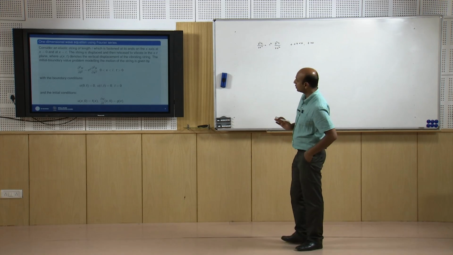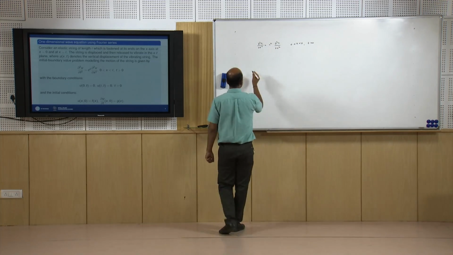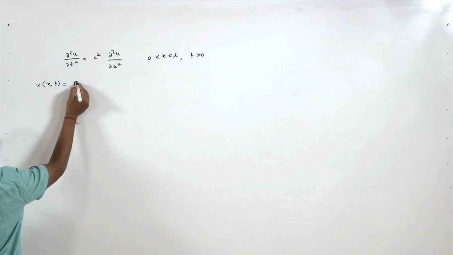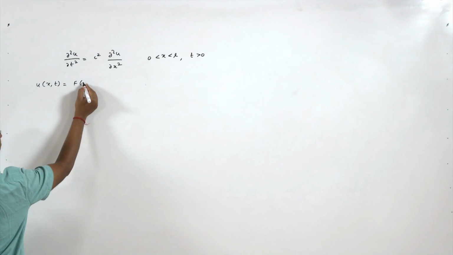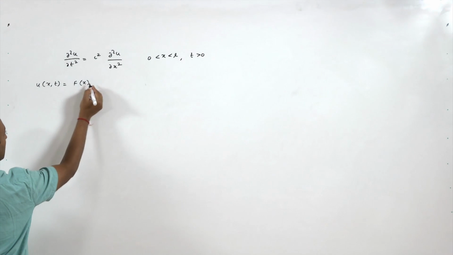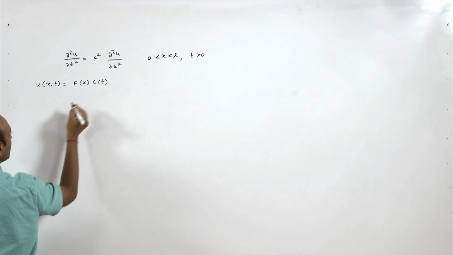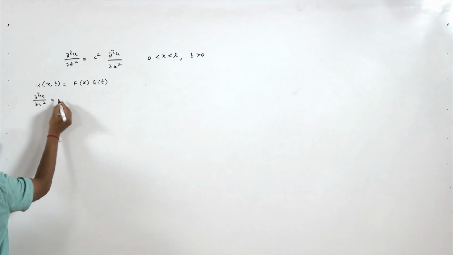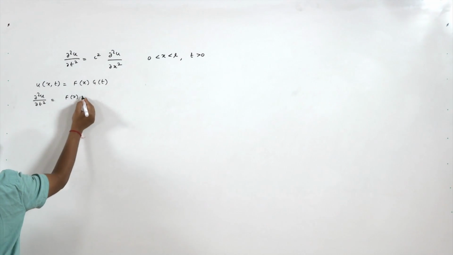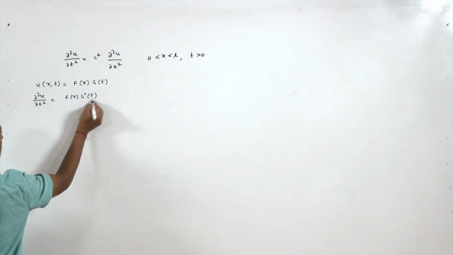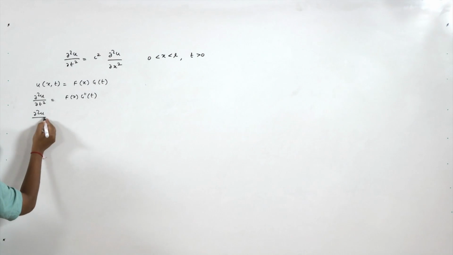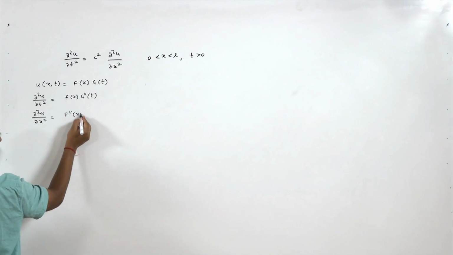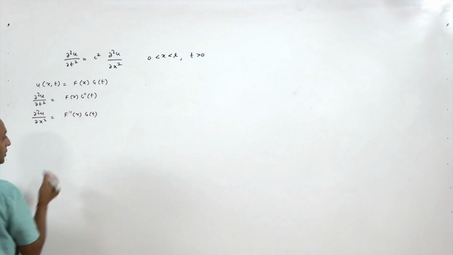How can we solve it using Fourier series? We assume that u x t is a product of two functions, f x into g t. So, what will be del square u upon del t square? It is nothing but f x into g double dash t. And what is del square u upon del x square? It is nothing but f double dash x into g t.